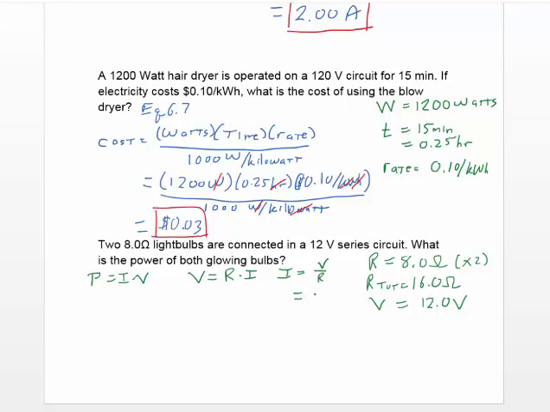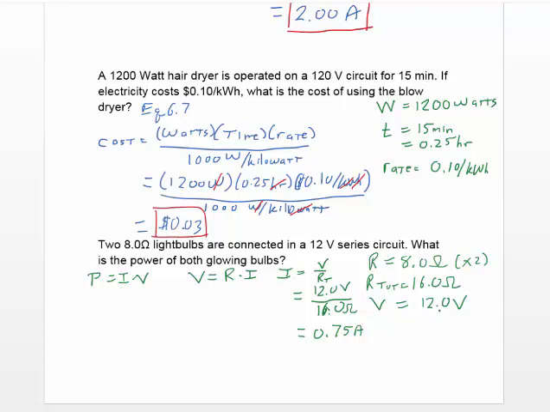So that's equal to the 12 volts divided by the total resistance, which is going to be 16 ohms. So 12 divided by 16 gives us the current through this circuit of 0.75 amps. Now that's not the number that we need though. That gets us started, but what is the voltage that we need?